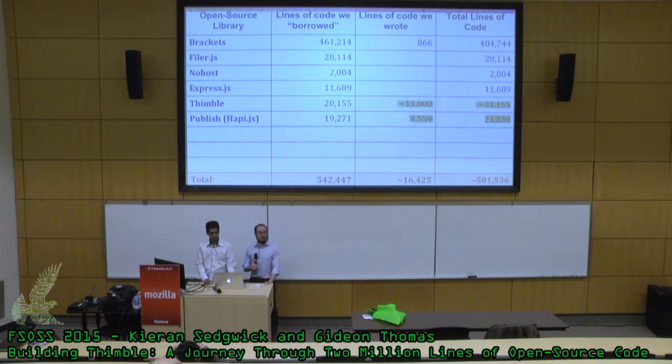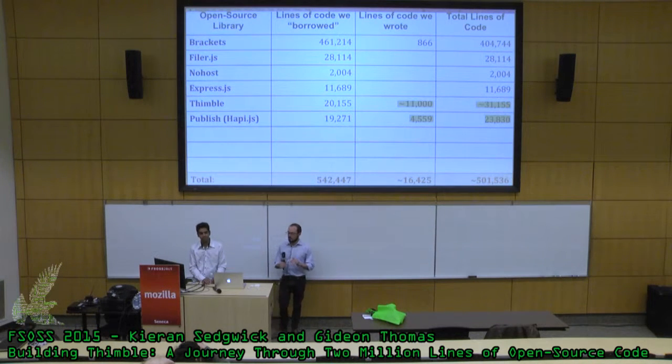So we've developed a product that acts like old Thimble did, but has a boatload of new features, and we've accomplished all of our goals with that paltry sum of code written. For those of you who like math, the ratio of code that we leveraged or borrowed to code that we wrote is about 33 to 1. That's about 3% of the total code base that we ended up using was code of ours.